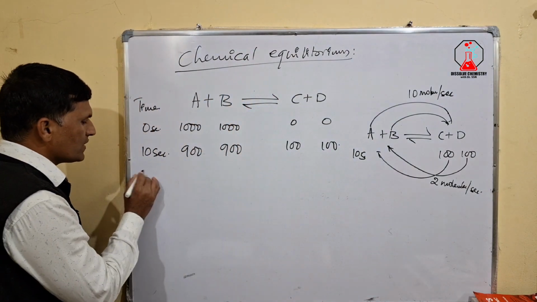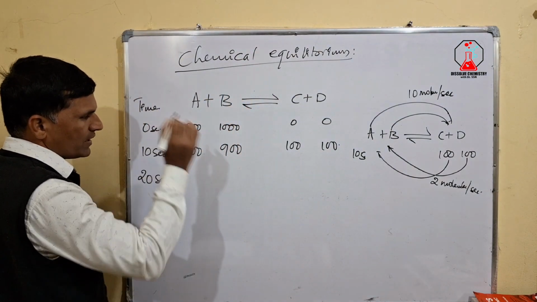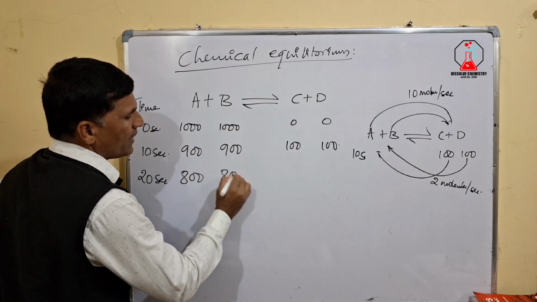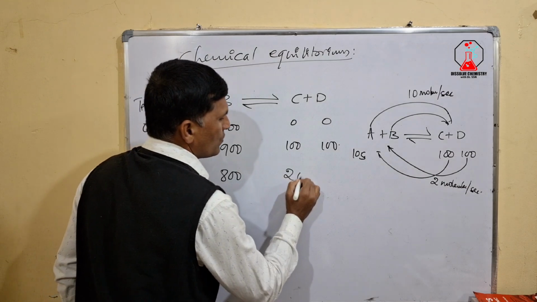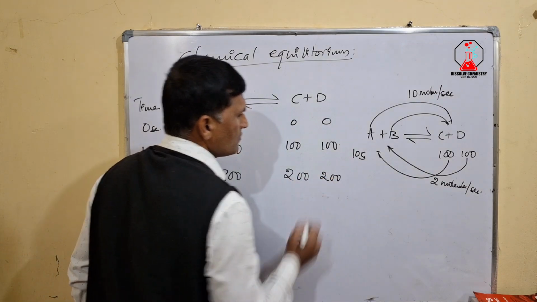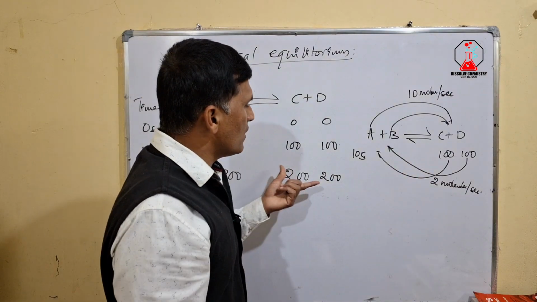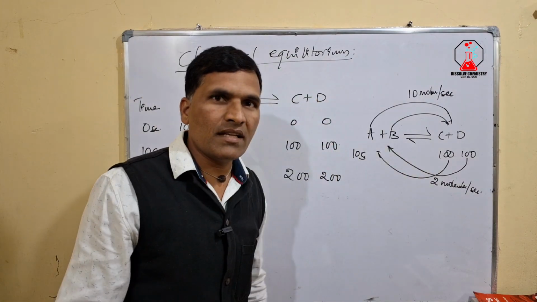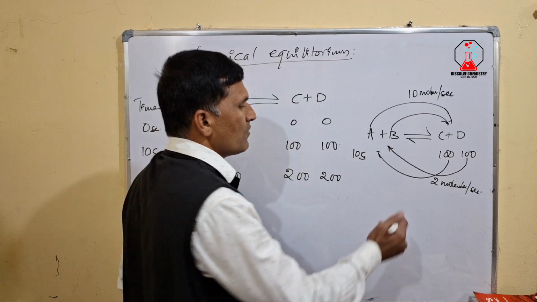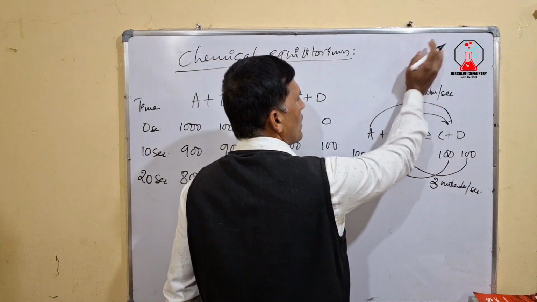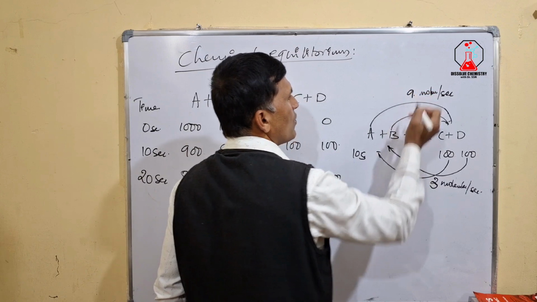Let us see what happens after 20 seconds. It is a hypothetical example, just taken for illustration. Say 800 of A and B and 200 of C and D are there. Now the concentration of C plus D has increased, so the rate of the backward reaction will rise, say to 3 molecules per second, and the forward rate may come down to 9 molecules per second.